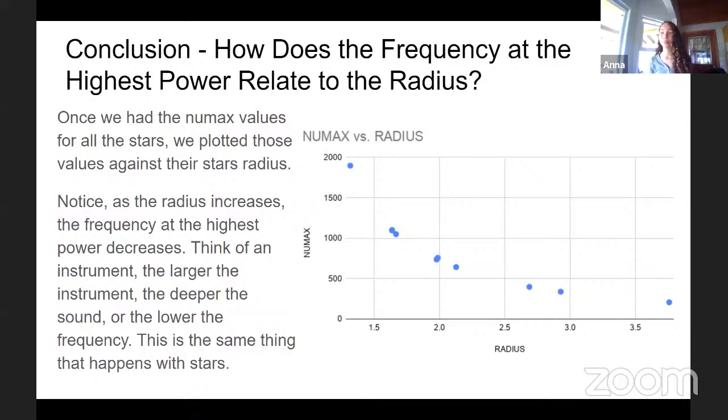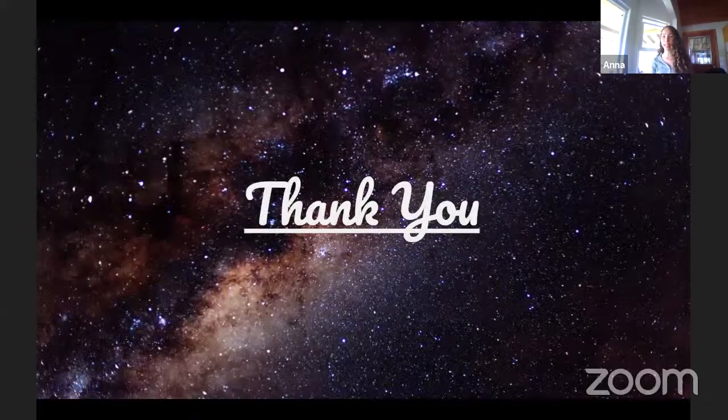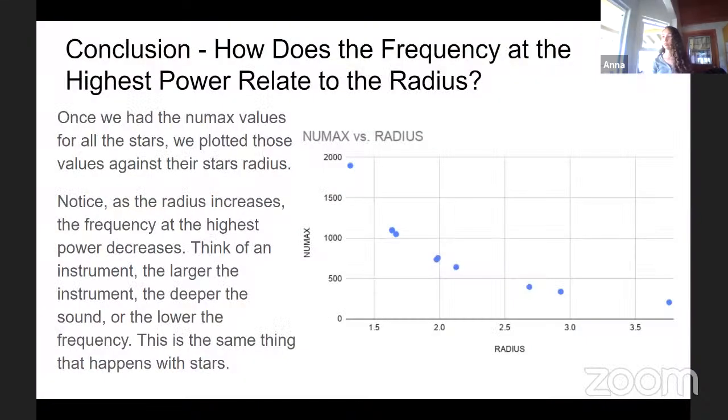But conclusion, how does the frequency at the highest power relate to the radius? Once we had all of the new max values for the stars, we plotted those values against their star's radius. This was what we originally intended to do.